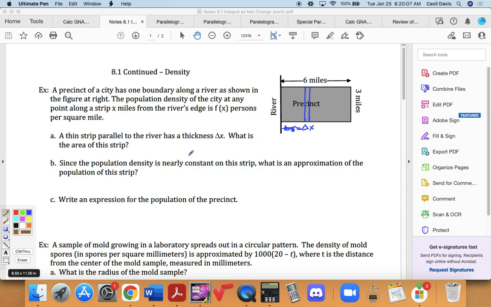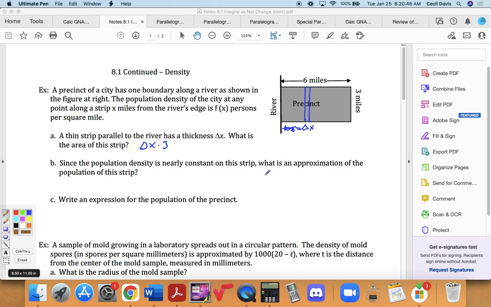What is the area of this strip? Is it the integral? No. I just want the area of that strip. Delta x times 3? Yeah, delta x times 3. All right, since the population density is nearly constant on this strip because it's a narrow strip, the distance from the river has not changed much.